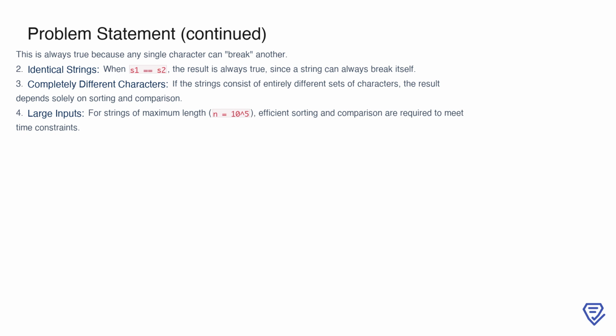Another case to consider is when the two strings are identical. Here, the result is also true since a string can always break itself. If the strings consist of completely different sets of characters, the result depends entirely on their sorted order. Finally, for very large inputs, with n at its maximum value, efficient sorting and comparison are crucial to ensure the solution meets the time constraints.